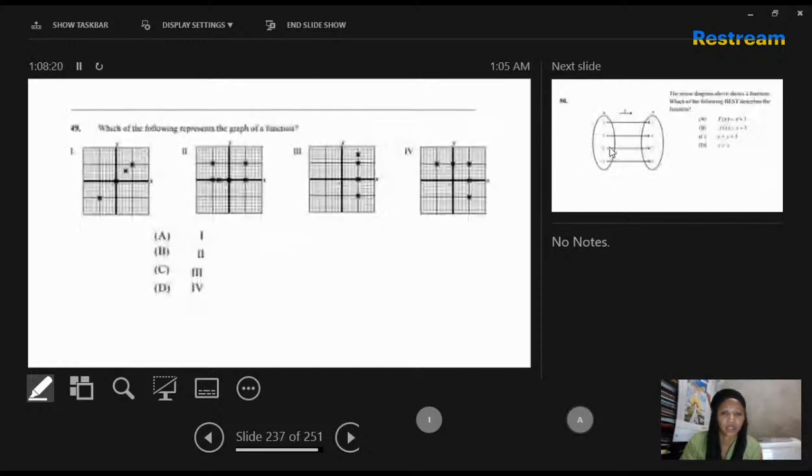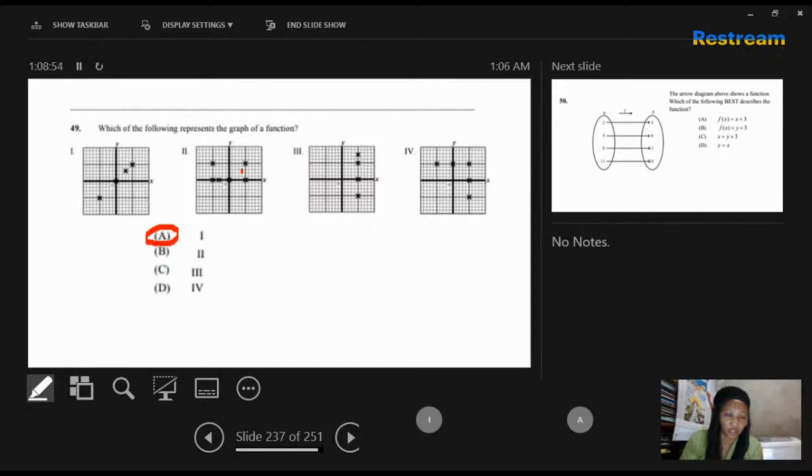All right, Imani, 49. Number 49. Which of the following represents the graph of a function? So that would be the one where I have only one x value and one y value.